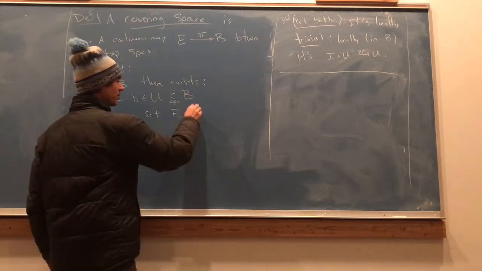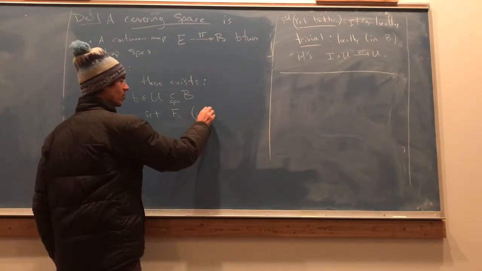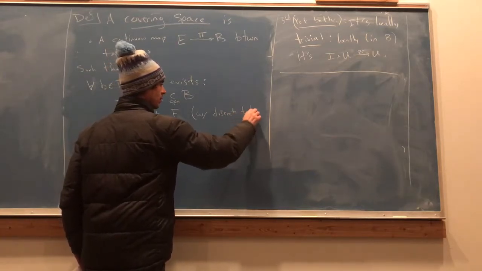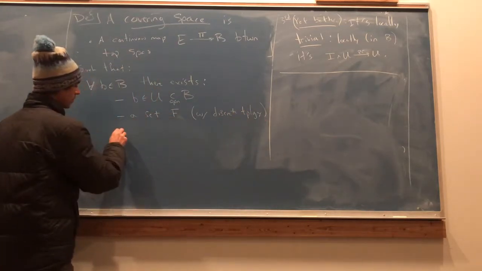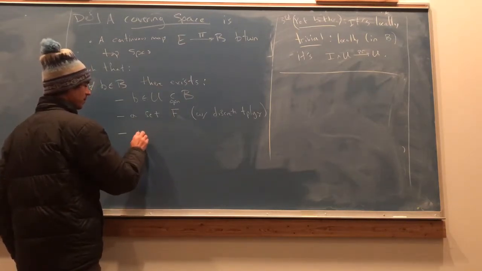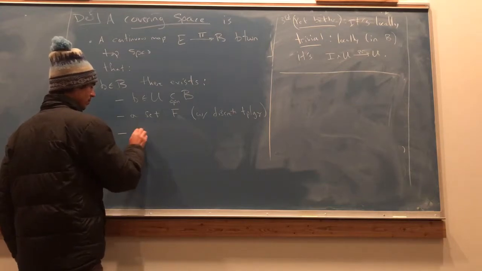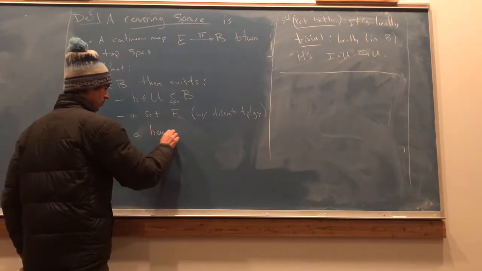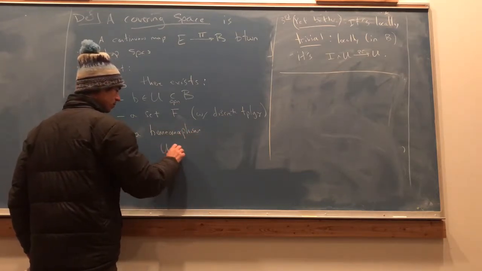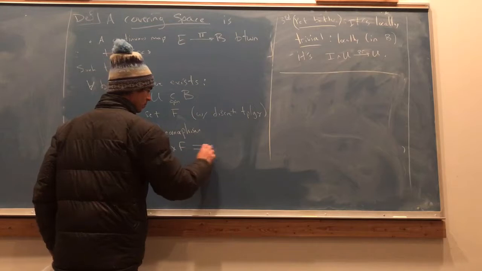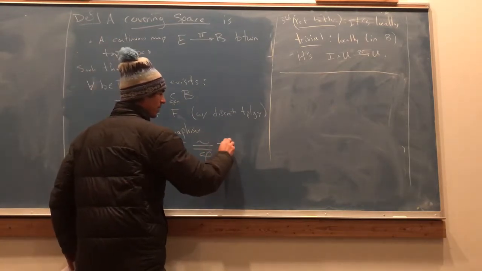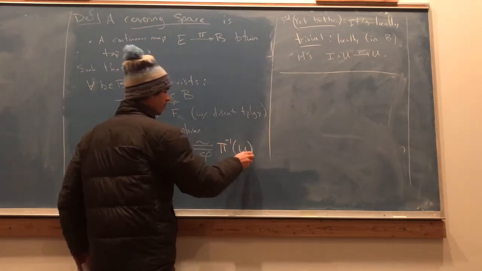There'll be a set F, which we regard as a topological space with discrete topology, and a homeomorphism phi with the preimage of that open.